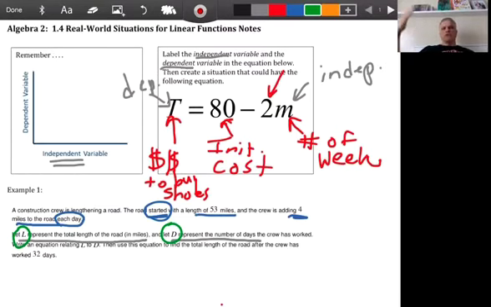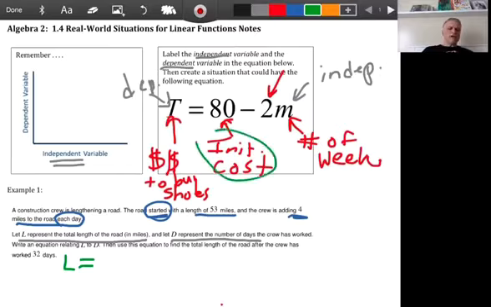The number of days that the construction crew is working affects how much road they are putting down. So we'll say that L is my dependent and D is my independent variable. So that means our equation is going to start off with L equals, the length of the road equals.